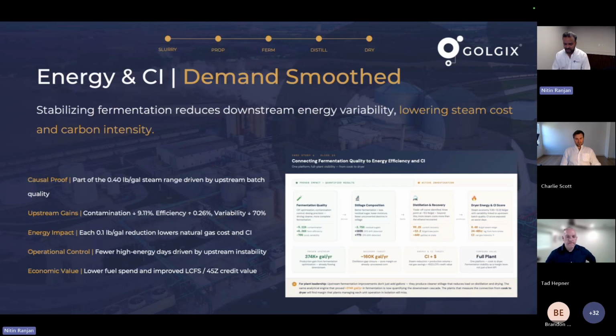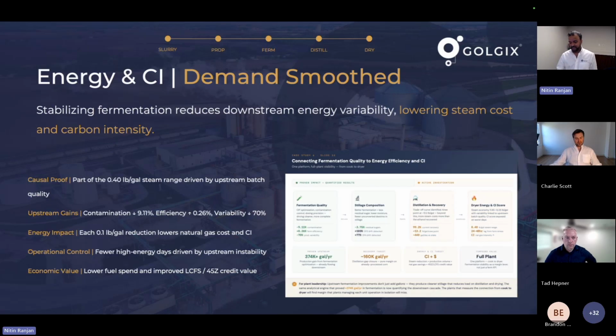So now we are further working on this use case, going through almost 3 years of data here, to explain what fermentation performance or fermentation quality explains of the thermal variability we are seeing on the dryer side, versus what is just inbuilt downstream inefficiency. Having that clarity will further help that producer control this 0.4 pounds per gallon swing which we are seeing on the steam side for them.